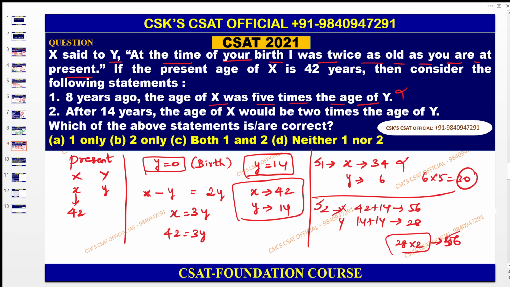So 56 is twice the age of Y. So that statement is correct. Statement number 2 is correct. So the answer here is B, 2 only is the right one. Shall we move on to the next here? Anybody having doubt here? If you are having doubt, you can ask, or else we'll move on to the next.